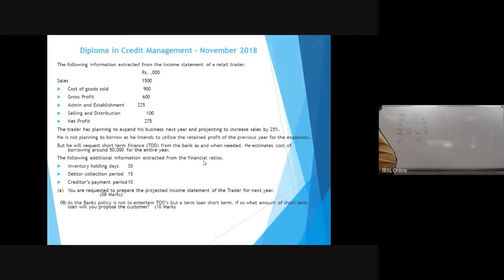So 15% of the sales, 1,875 into 0.15, is equal to 281. Then 6%, so let us work that out.